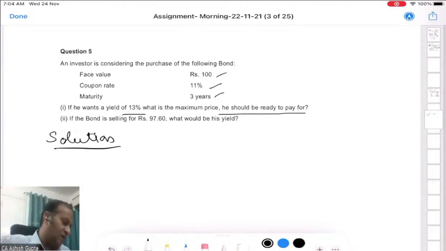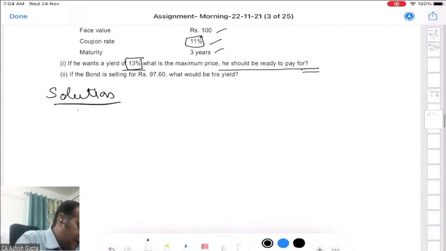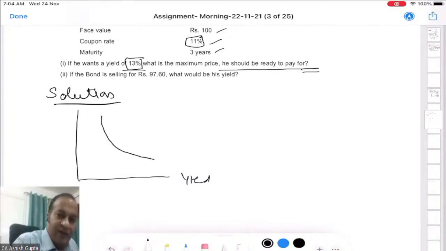Now, in this question the coupon rate is 11%. If he wants a yield of 13%, what should be the price he is ready to pay for it? Of course, you will make the calculation, but while calculating, you must have got some idea, because when I was discussing with you, there is an inverse relationship with the yield. If the yield is higher, the value of the bond will be lesser.